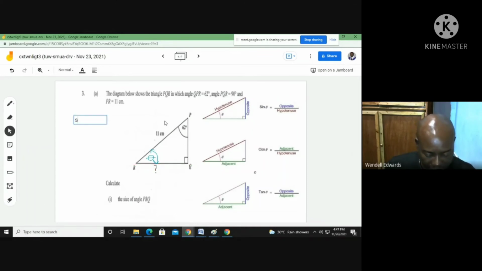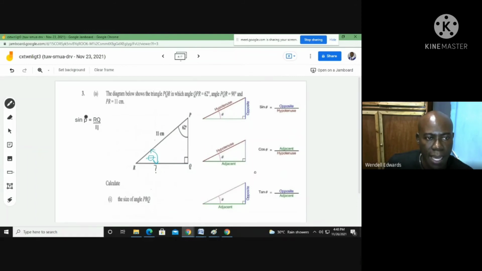It is said that the sine of this angle, and we're talking about the angle at P, sine of the angle P is equal to, in this case, we're talking about opposite over hypotenuse. The opposite is the side that we want, in this case RQ, and this is going to be over the hypotenuse, which is 11, right?